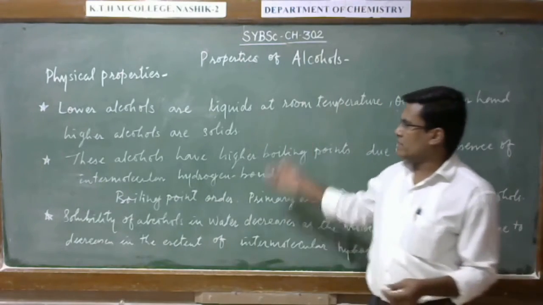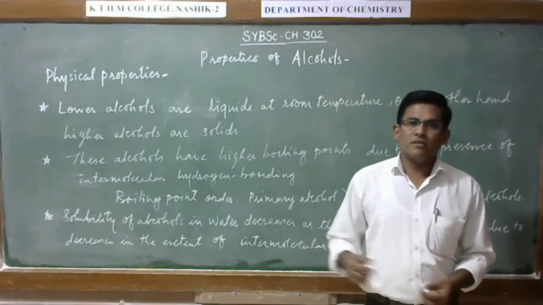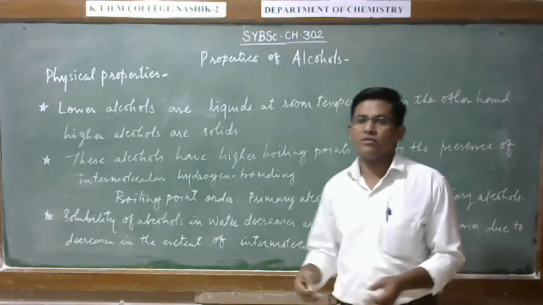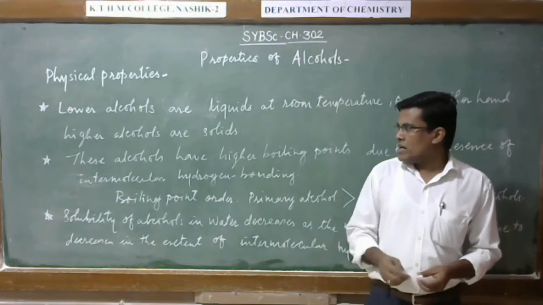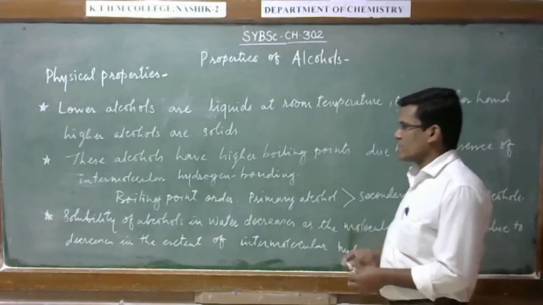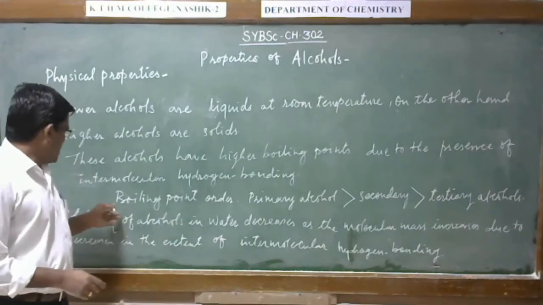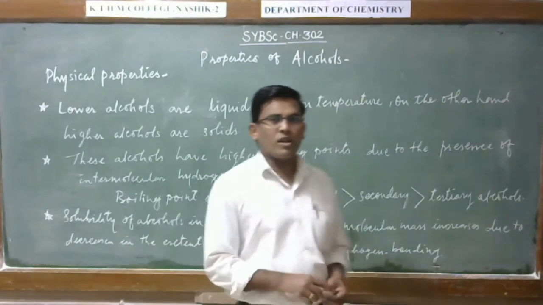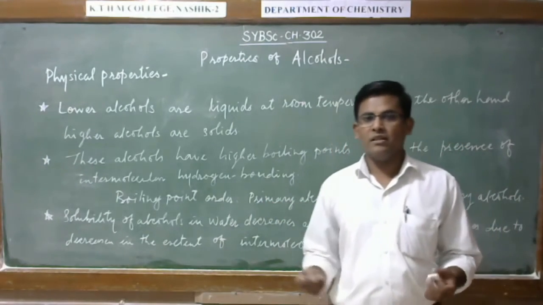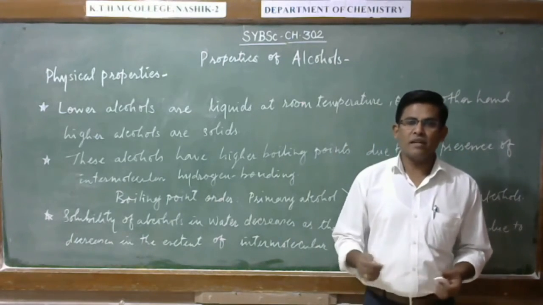So these are the physical properties of alcohols. First, lower alcohols are liquid at room temperature, while higher alcohols are solid. Second, these alcohols have higher boiling point due to the presence of intermolecular hydrogen bonding. Third, the boiling point order is primary alcohol higher than secondary alcohol, which in turn is higher than tertiary alcohol.